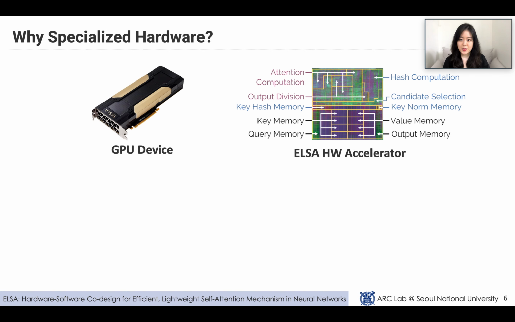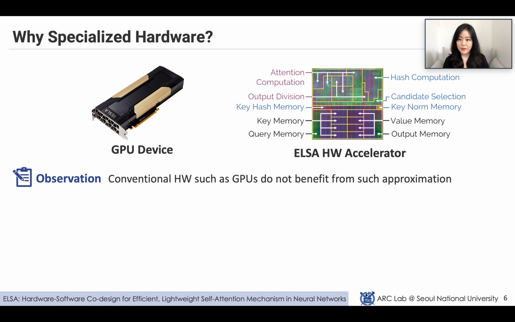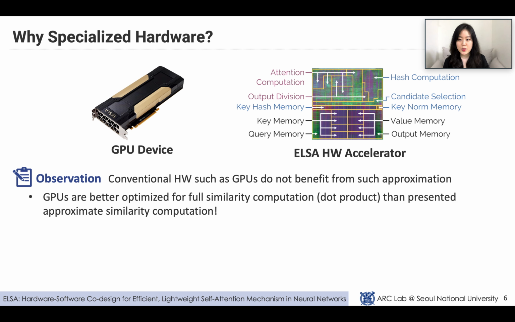The presented approximation is a way to reduce the computation for the self-attention mechanism. However, we find that such an approximation does not always lead to speedup on conventional hardware such as GPUs. This is because GPUs are better optimized for full similarity computation, which is dot product.